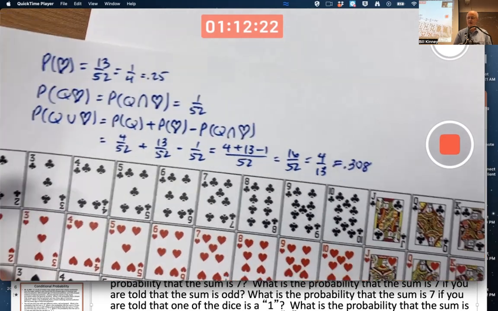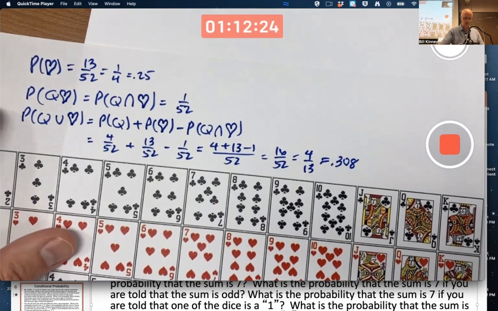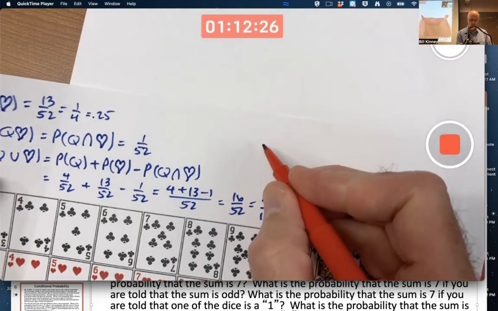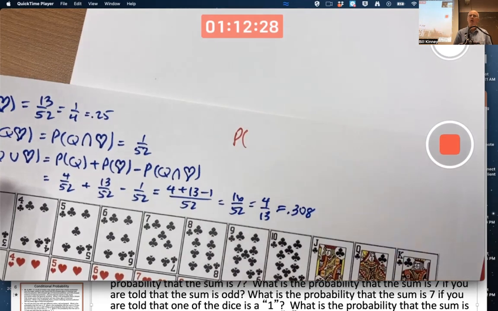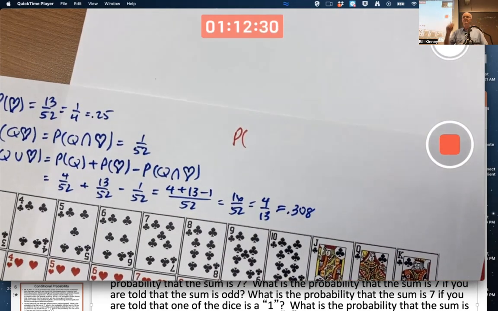And it's nice to think about conditional probability in this context as well. Take one card off at random. Don't look at it. Show it to your friend. And they say, hey, guess what? It's a red card.